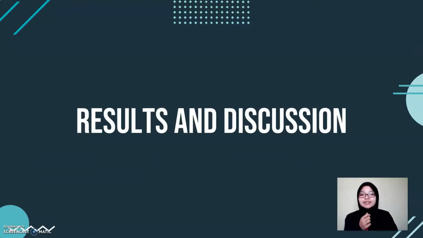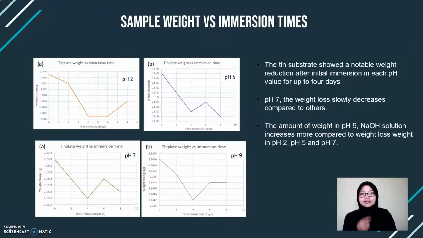Next chapter is results and discussion. Sample weight versus immersion times. The thin substrate showed a notable weight reduction after initial immersions in each pH value for up to 4 days. At pH 7, the weight loss slowly decreased compared to others because pure water without dissolved gases such as oxygen, carbon dioxide and sulfur dioxide does not cause undue corrosion attack on stainless steel and most metals.